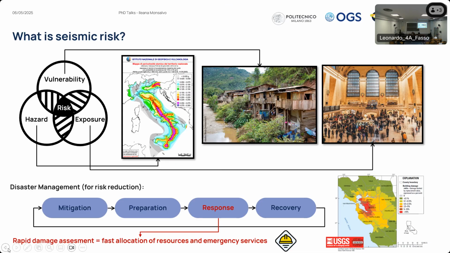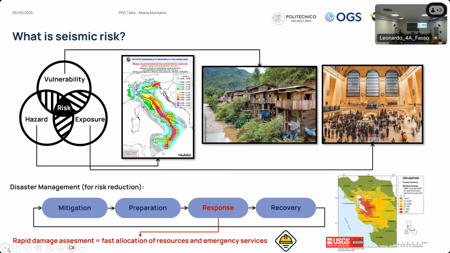If these kinds of maps are available in a very fast way, let's say within minutes after an earthquake, and are transmitted in some way to the civil protection authorities, it will allow them to have a faster allocation of the resources to the most damaged areas.